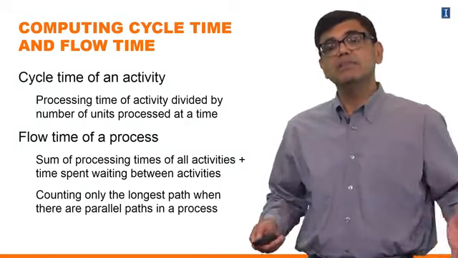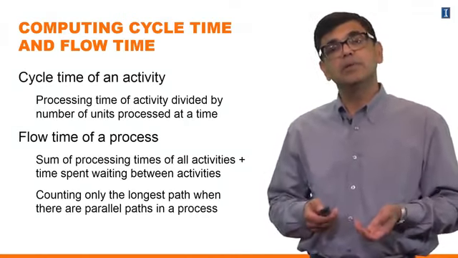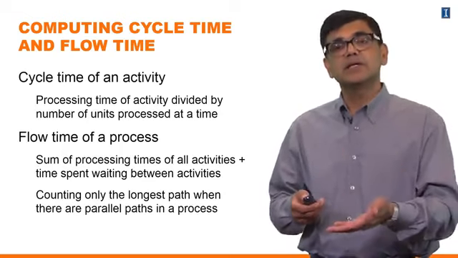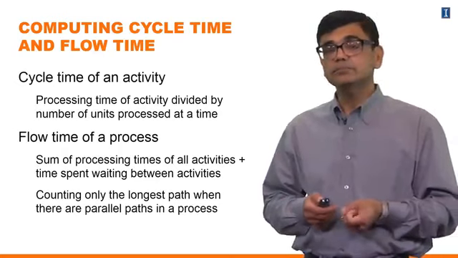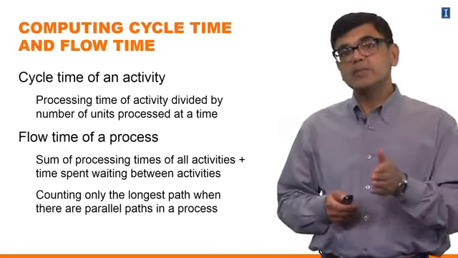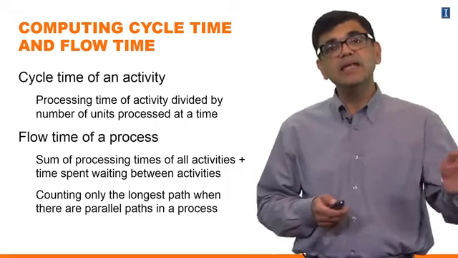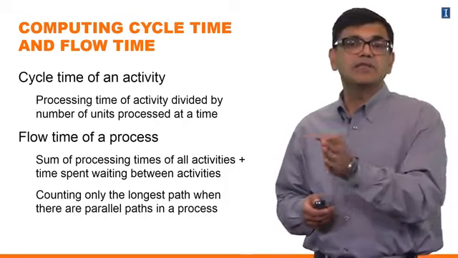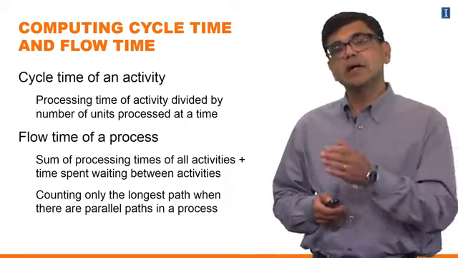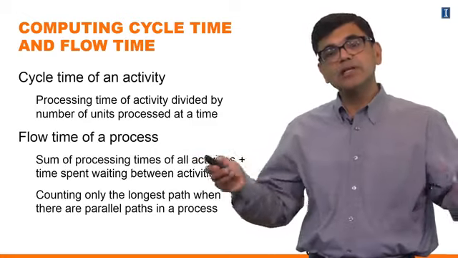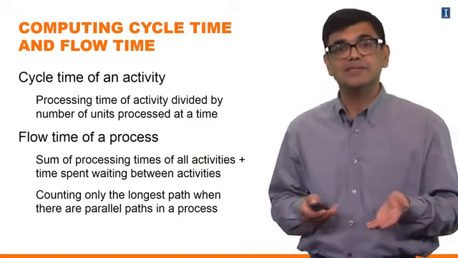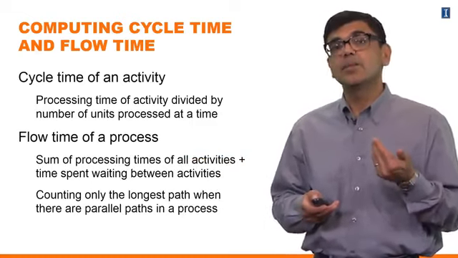Both of those are saying many units are being processed in parallel, and you incorporate that into this calculation of cycle time. When you're looking at the flow time of a process, when you're looking at many activities that are happening in sequence, and you're adding all of the times of these activities to come up with a flow time or a throughput time of the process, in that case, you are not going to be adding their cycle times. You should be adding their processing times.